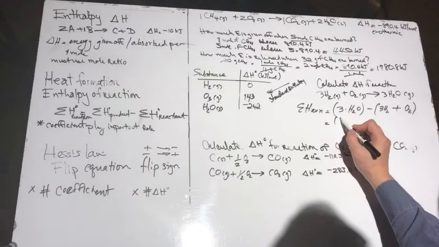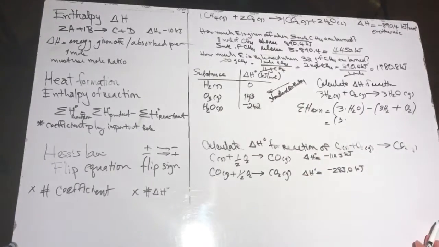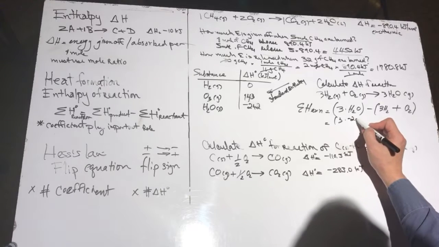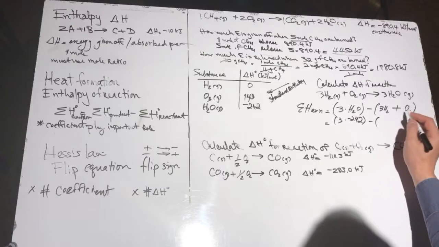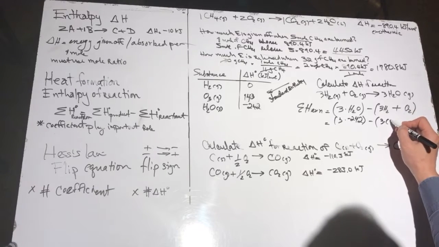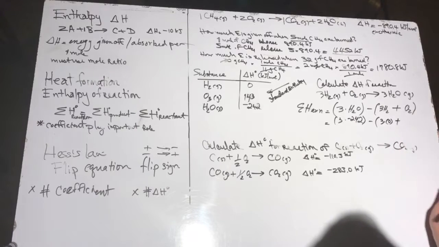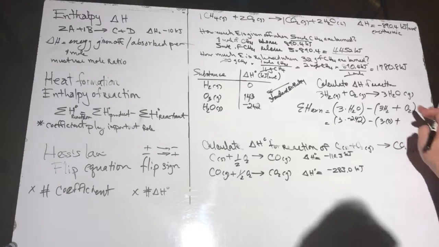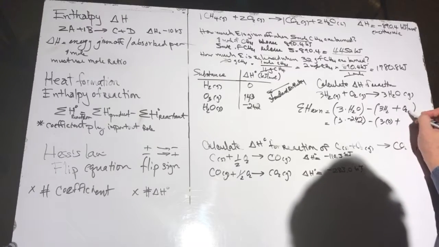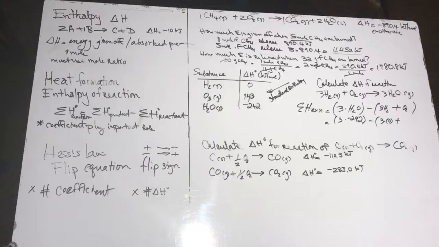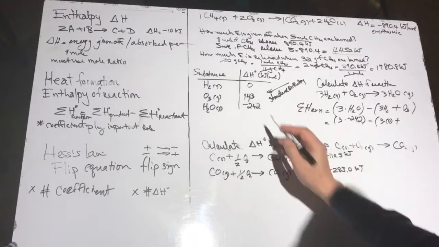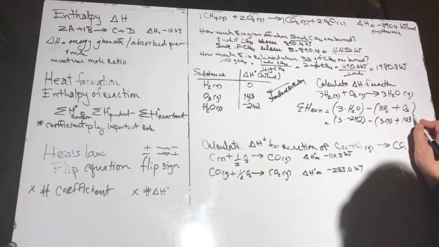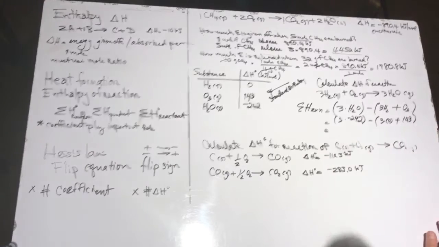Now I'm going to replace the standard enthalpy for water, which is negative 242, and subtract the formation of the reactants. 3 times 0 because the pure substance is 0. All you have to memorize is that hydrogen and oxygen gas will always be 0. But this case is not oxygen gas, it's ozone. So that should give you this 33. Now you just do the math.